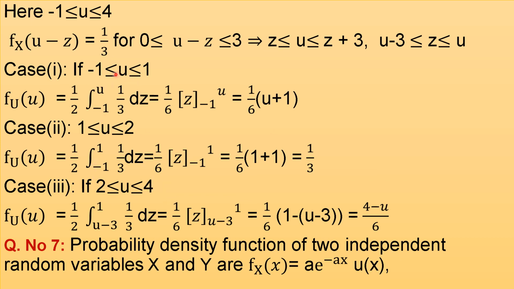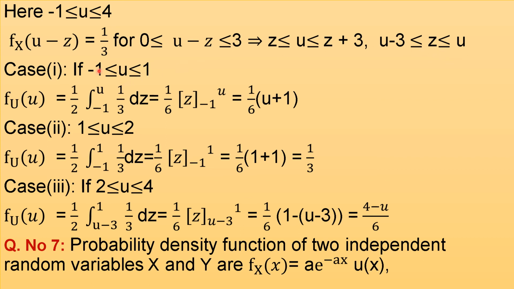So we'll split this interval of u, -1 to 4, as -1 to 1, 1 to 2 and 2 to 4. As the first case, if u lies between -1 and +1, now in that fu of u, which is a half into integral from -1 to +1, fx of u minus z dz. You have to substitute for fx of u minus z and complete the integration part. Fx of u minus z will be 1 by 3, but that z value should be in between u minus 3 and u.